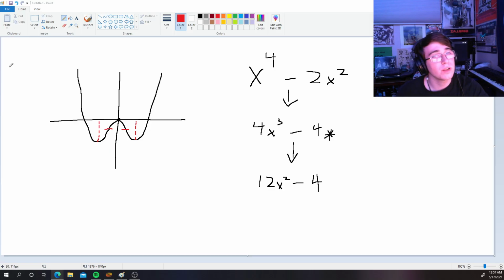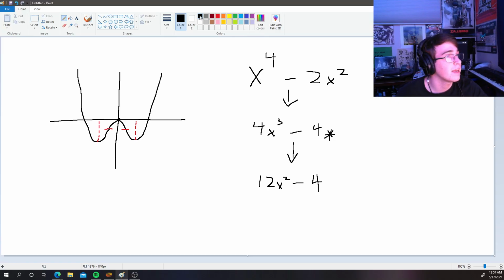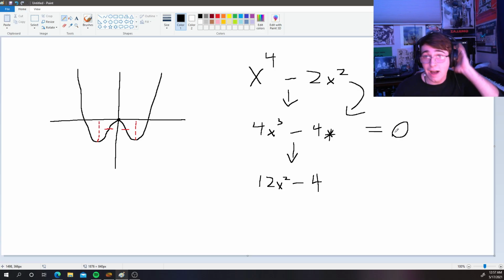So what you're going to want to look for, mathematically at least, is you're going to want to take the derivative of a function, right here, and set that equal to 0 to mathematically find the local minimums and maximum values there.